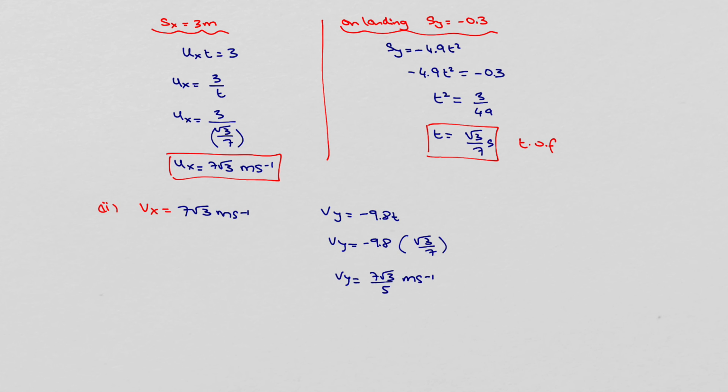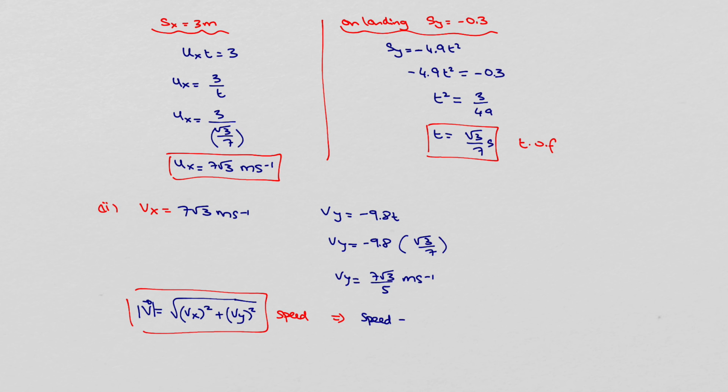Because we're looking for speed and not velocity, that means we need to get the magnitude. So our magnitude is V of X squared plus V of Y squared. Again, really important, speed, not velocity. So our speed is equal to the square root of (7 root 3) squared plus (7 root 3 over 5) squared.